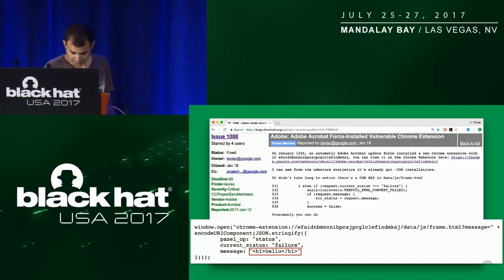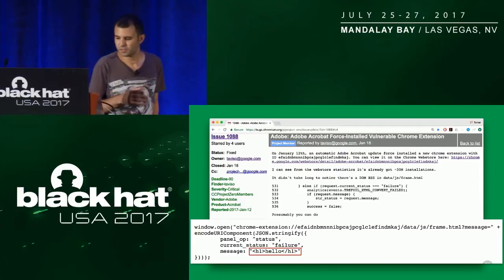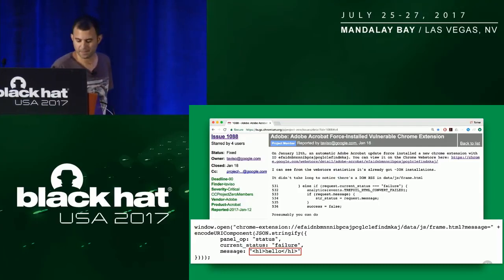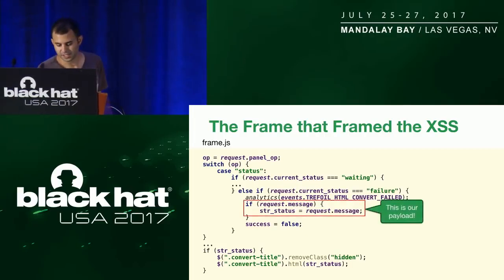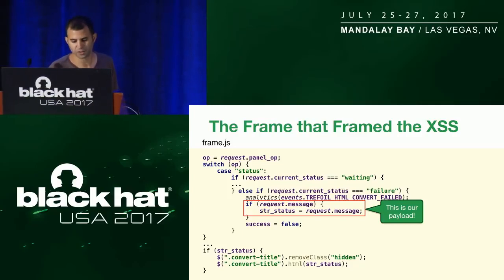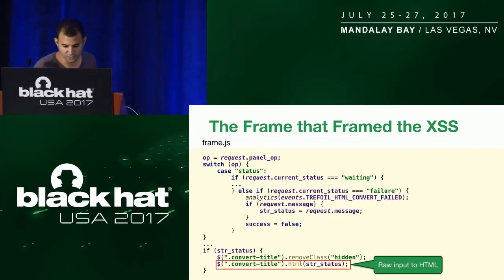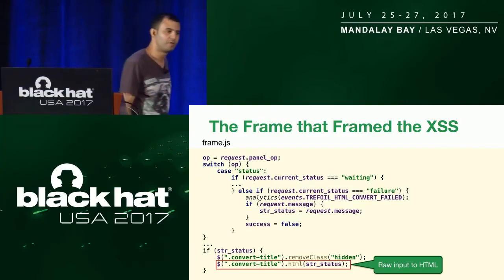Now, this vulnerability almost allowed universal XSS, but it didn't, at least from what I tried. Why? So let's see where the vulnerability is. It's pretty straightforward. Here's how our payload in request.message gets into str status, and then str status gets into the raw HTML of the title of this page.